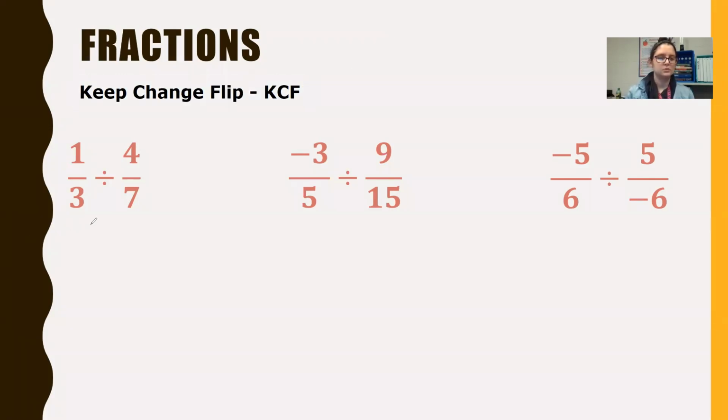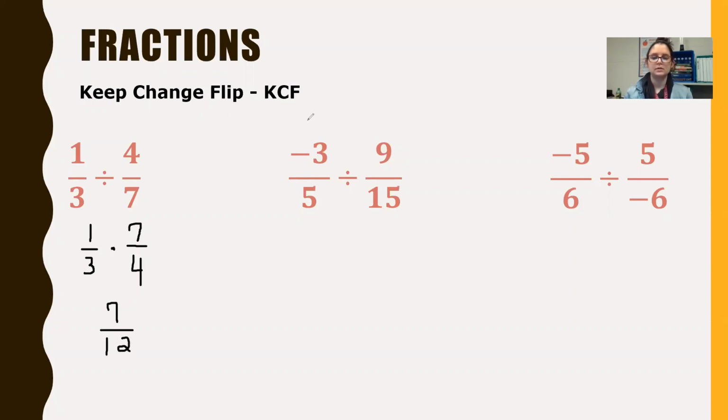So we keep the first one the same. We change division into multiplication, and we flip the second one over. Now we're ready to multiply. 1 times 7 is 7. 3 times 4 is 12.